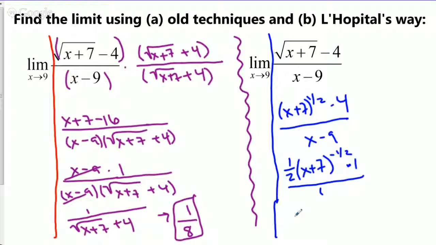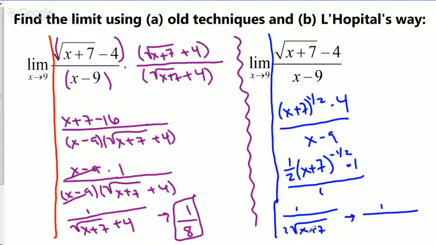Okay, so now I think we're good to plug in 9. So how about we rewrite this, though, as 1 over 2 times the square root of x plus 7. Okay, so if I plug in 9 now, I have 2 times the square root of 16.